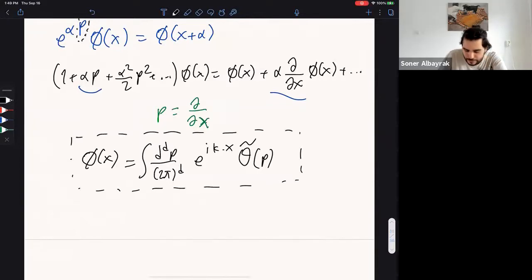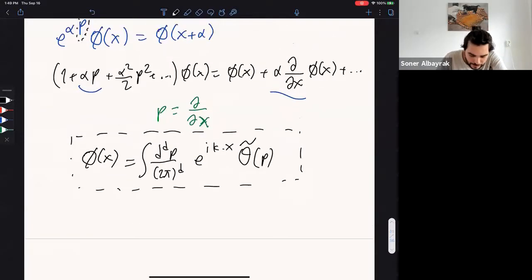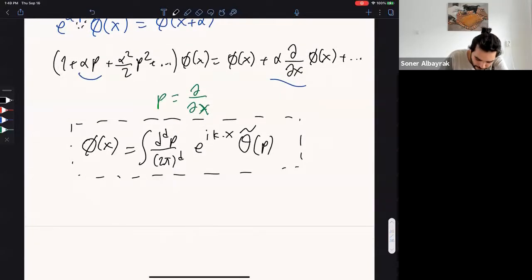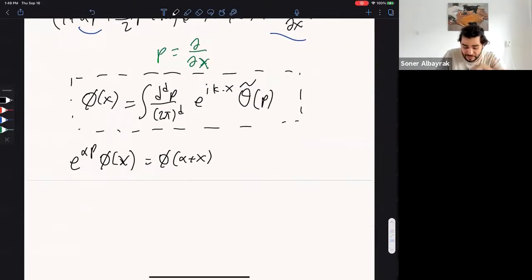Again, for this case, it's trivial, but I still want to do that. And I'm trying to solve e to the alpha p phi(x) equals phi(x plus alpha), right? It generates translation.